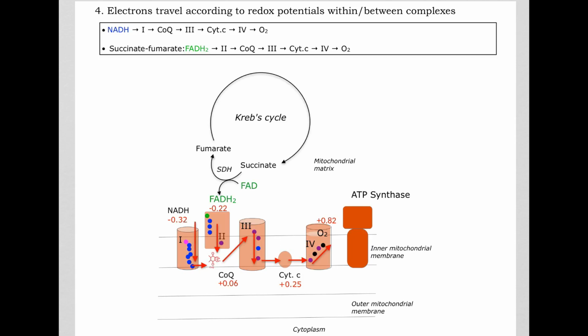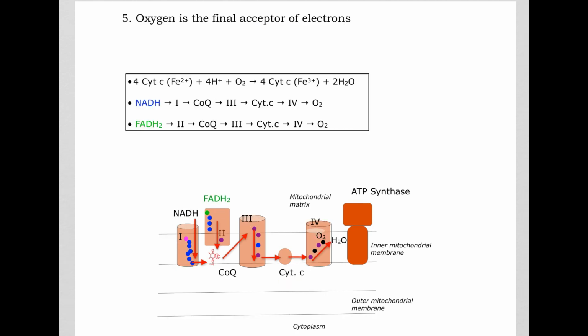These electrons basically travel according to their redox potentials within a complex and between complexes. Oxygen is the final electron acceptor. Oxygen will take electrons from cytochrome C, and these electrons will be transported to oxygen by complex 4.